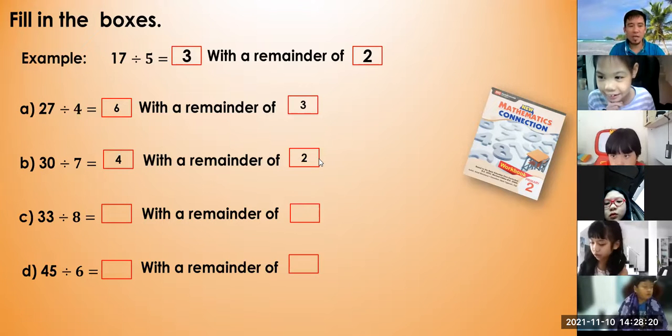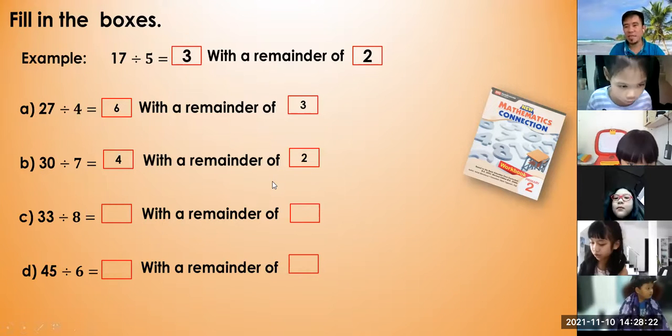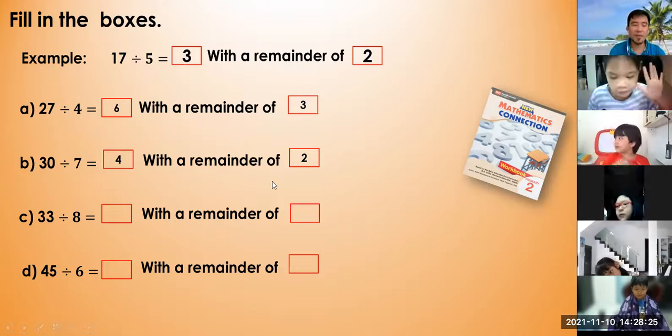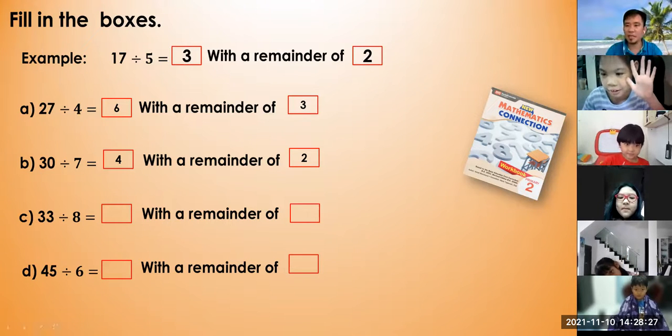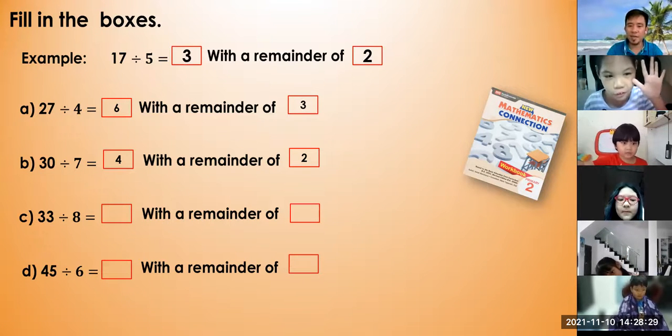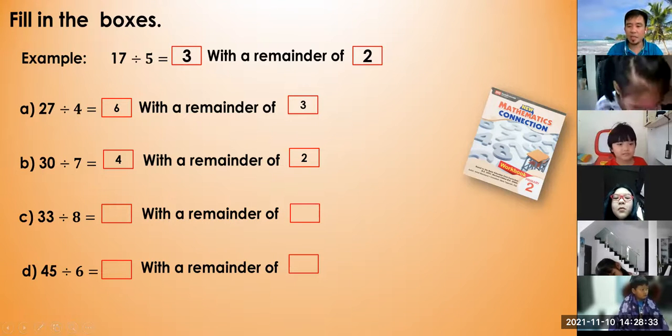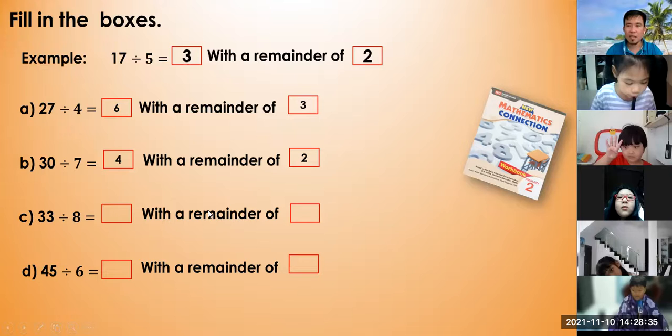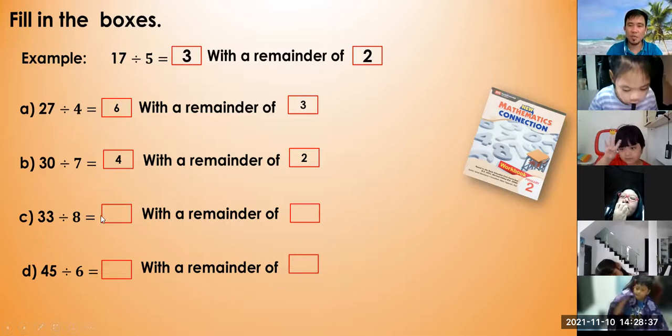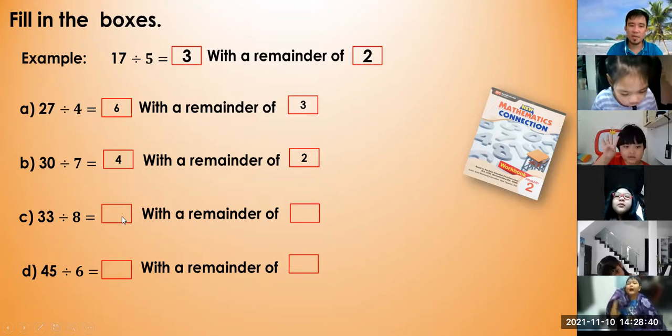Thank you. Letter C. Who wants to answer letter C? This is 33 divided by 8. Lokchub again. Letter D, Baikau will answer letter D. Okay, letter C, Lokchub, tell us your answer. 4.